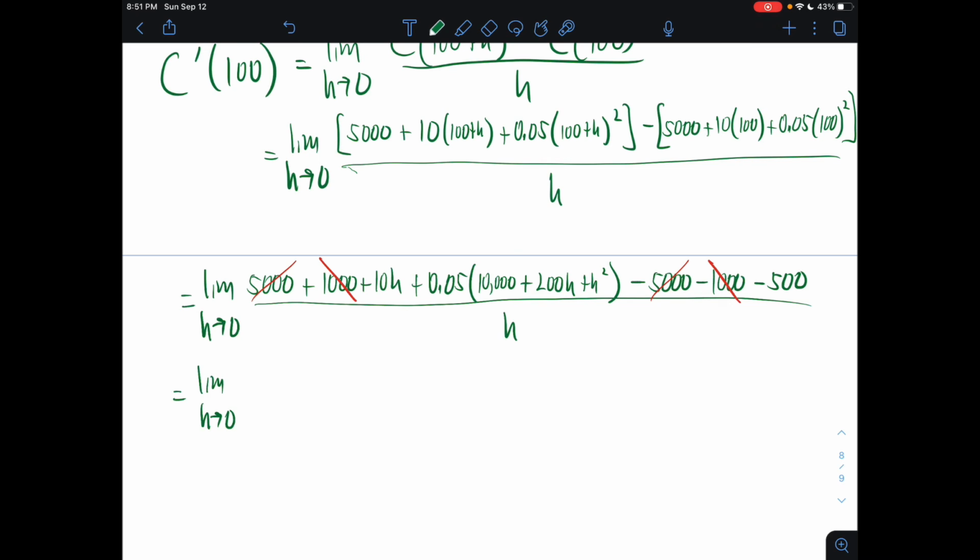So first, 0.05 times 10,000 will leave us 500. 0.05 times 200h will give us 10h. And then plus 0.05 times h squared. And then I still have minus 500. So we get a little bit more that cancels out.